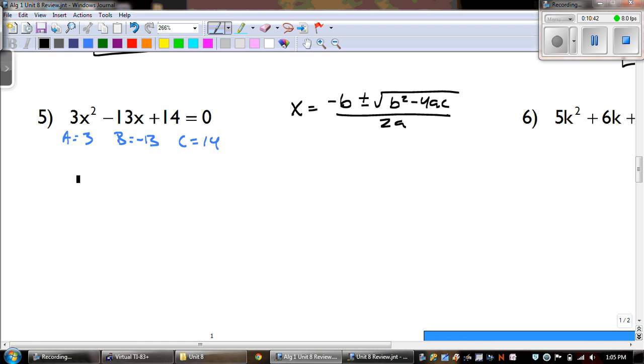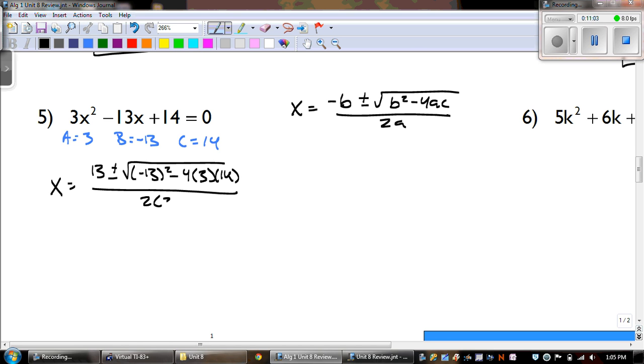All right, so here we go. x equals negative 13. What's the opposite of negative 13? Positive 13. Okay, plus or minus the square root of b squared minus 4ac all divided by 2a.